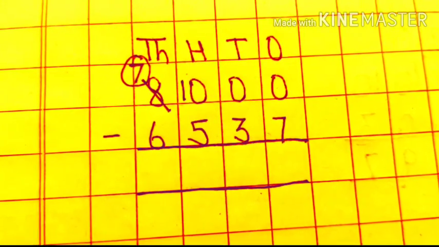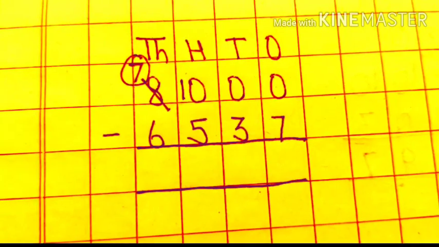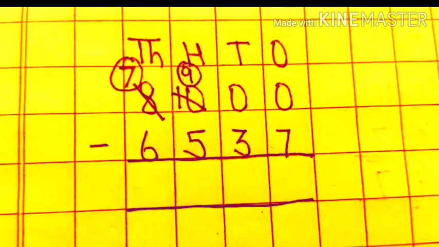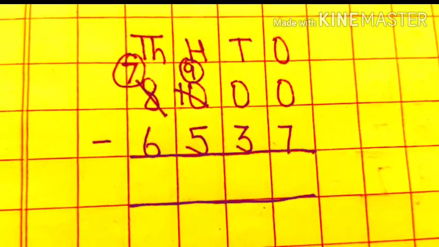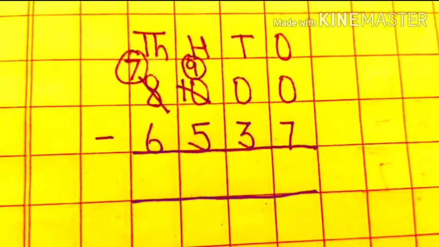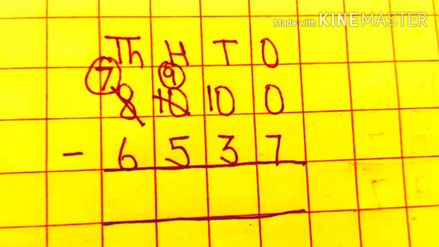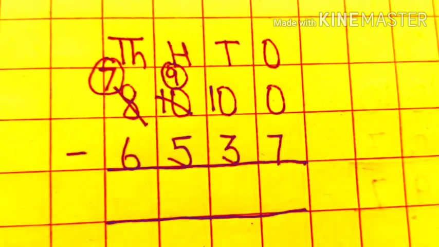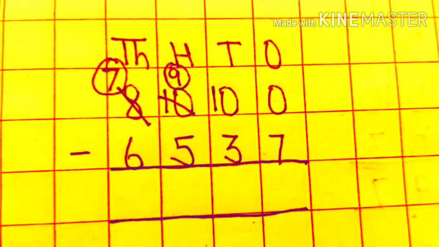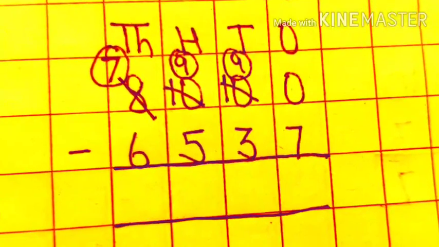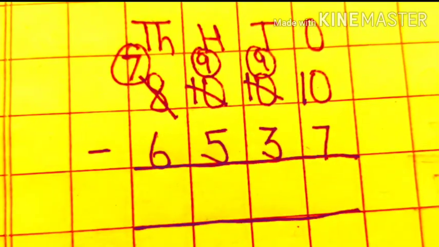Yes, now 100 is ready to give one number to tens place. Now it will reduce by itself and become 9, and 1 will be added in a tens place. Now tens is ready to give one number to ones place. Now tens reduces by itself to 9, and 1 we will add in a ones place, and it becomes 10.